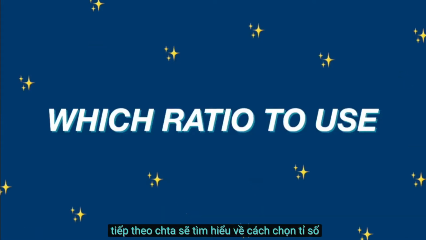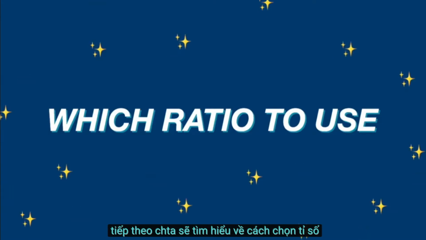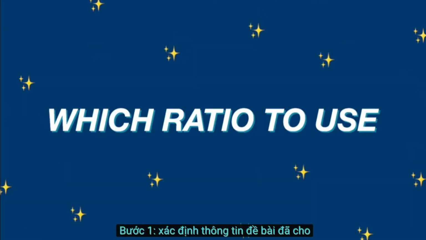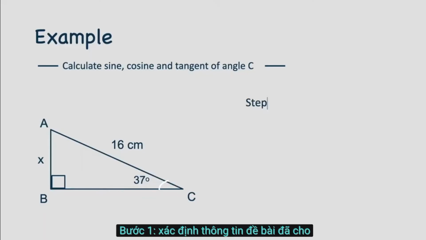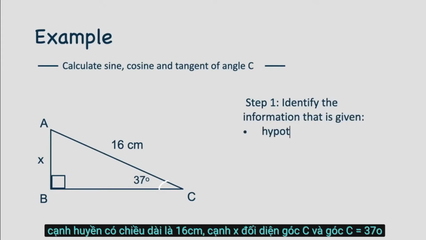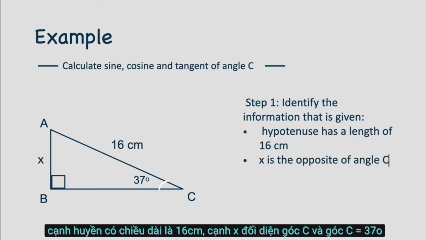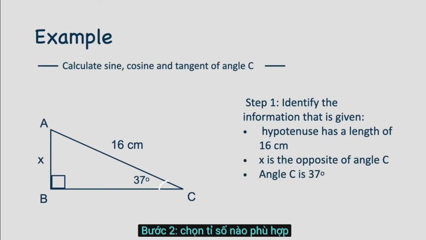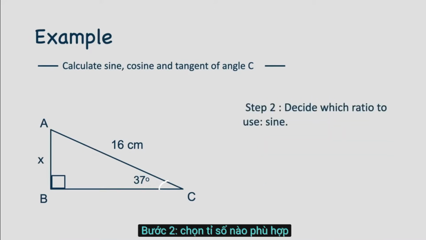Next, move on to 26.5, which ratio to use. This is the example. So step 1, identify the information that is given. So in this figure, we have the hypotenuse has a length of 16 centimeters. X is the opposite of angle C, and angle C is 37 degrees. So step 2, decide which ratio to use.